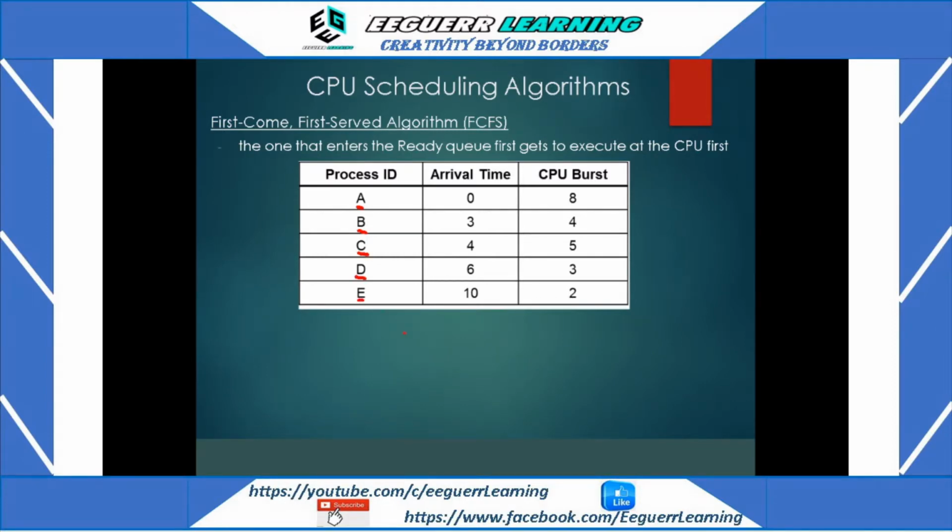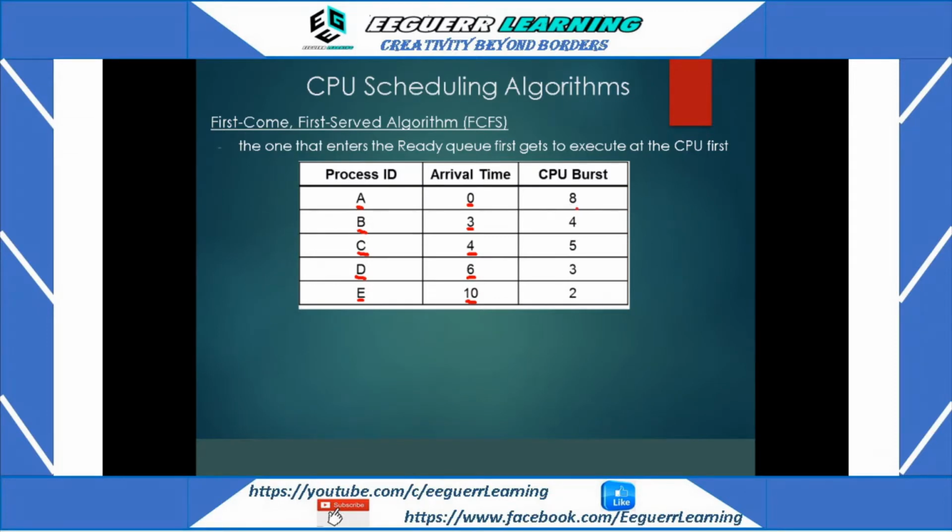So we have 5 processes, and their arrival times are: A arrives at 0 milliseconds, B is 3 milliseconds, C is 4 milliseconds, D is 6 milliseconds, E is 10 milliseconds.